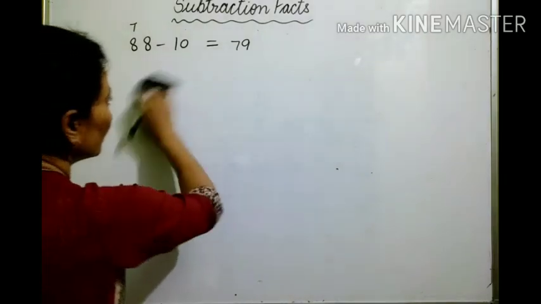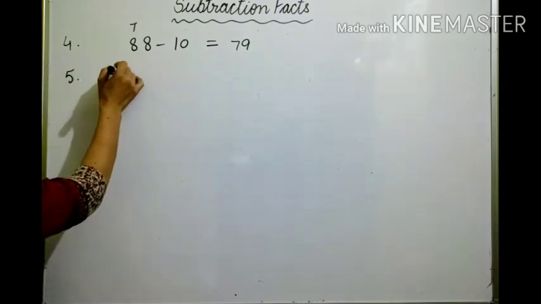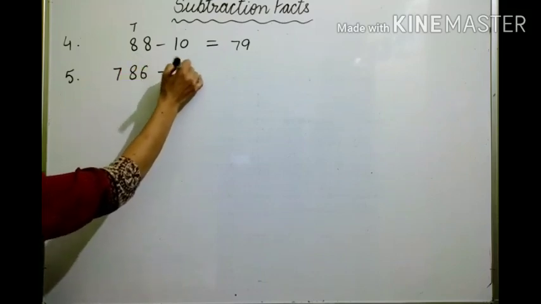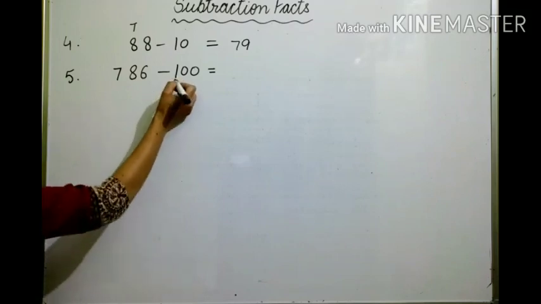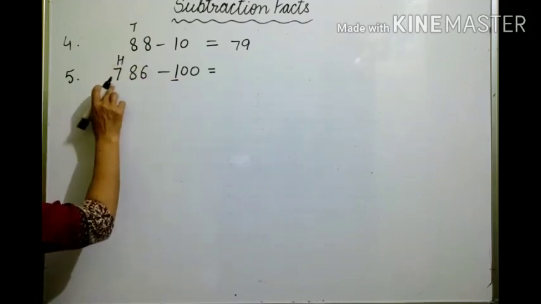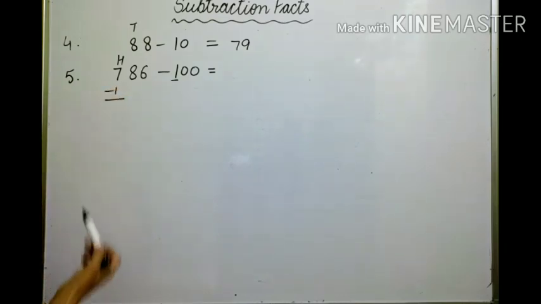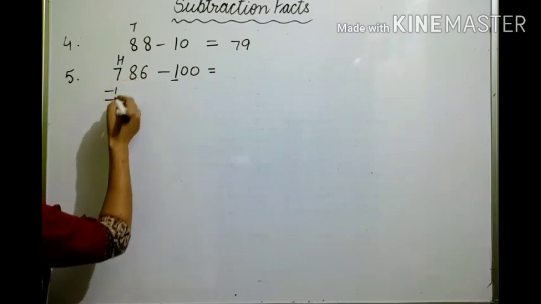Let's take the fifth rule. If we take any number and if we want to subtract 100, then only the hundreds place digit, which is 7 here, is decreased by 1. Means in only the hundreds place we will subtract 1.